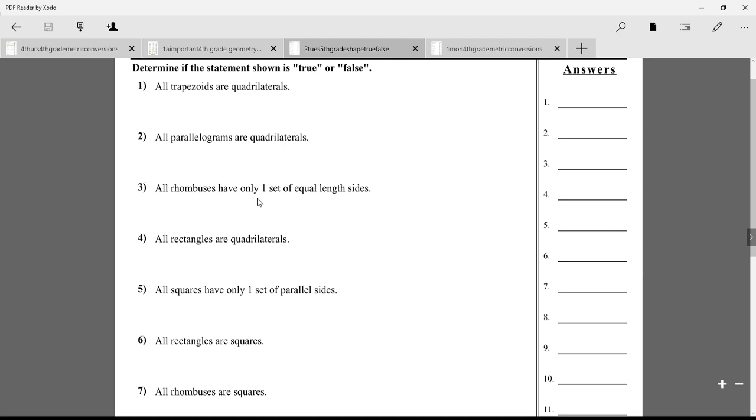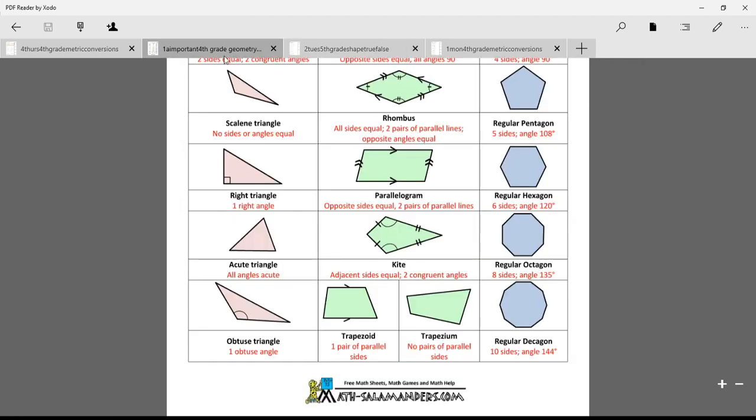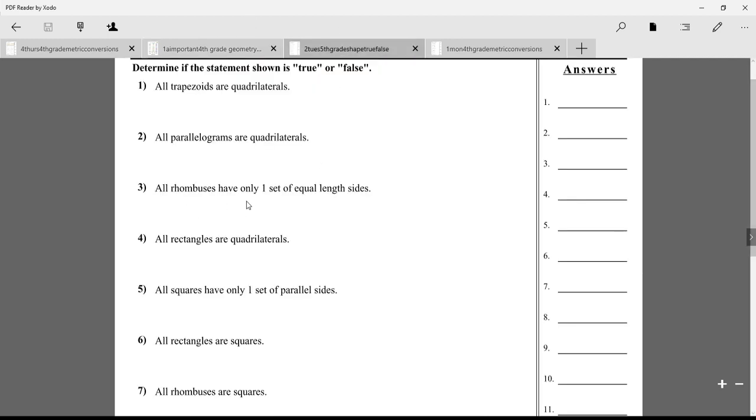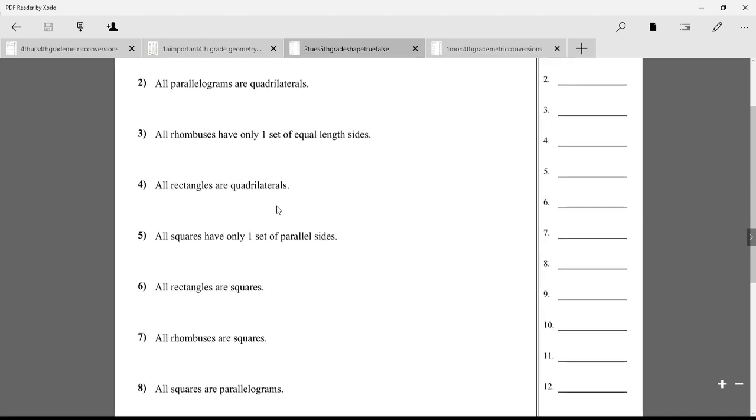All rhombuses have only 1 set of equal length sides. That is not true. All sides are equal. Technically rhombuses have 2 sets of equal length sides, but they're all equal to each other, so all 4 would be equal.